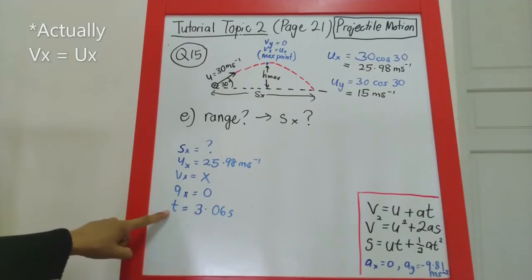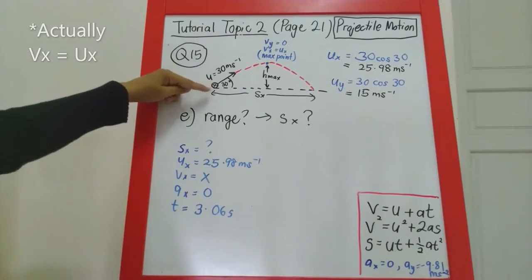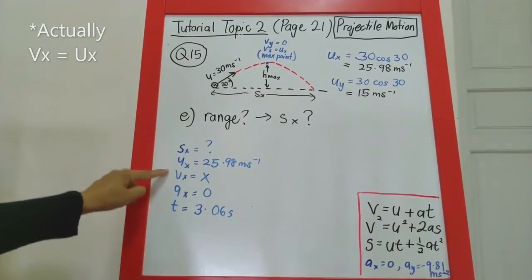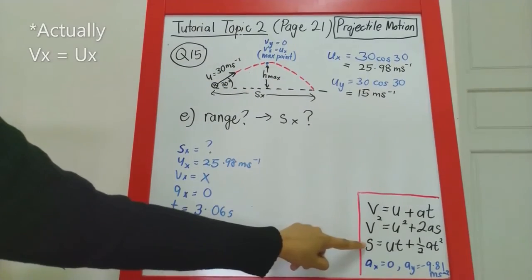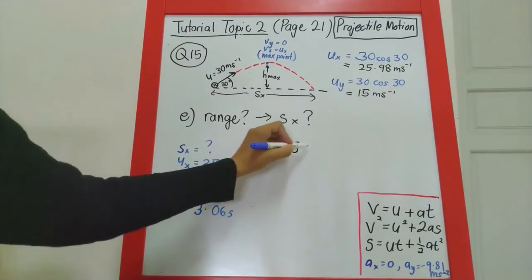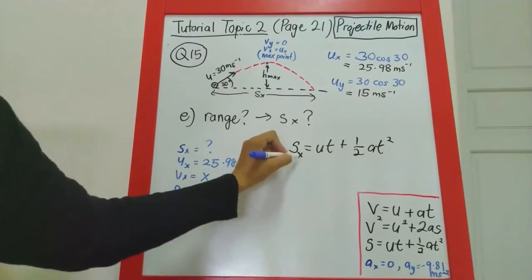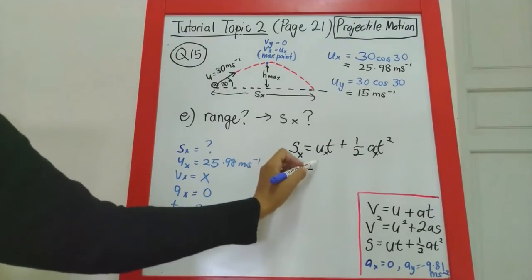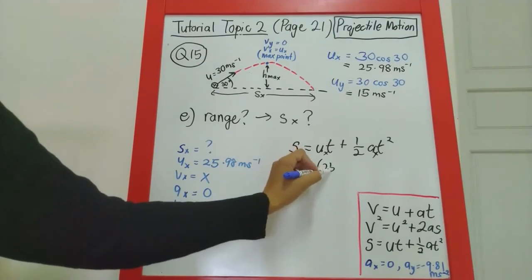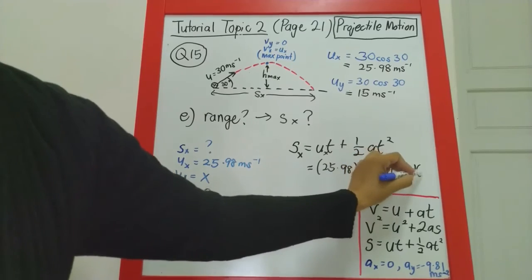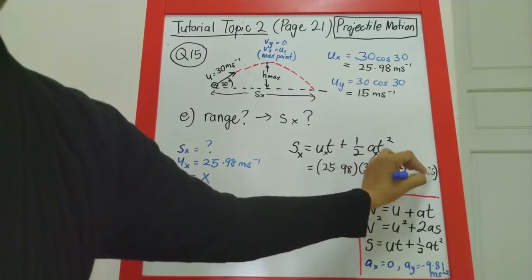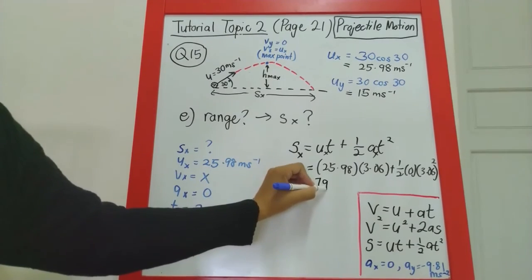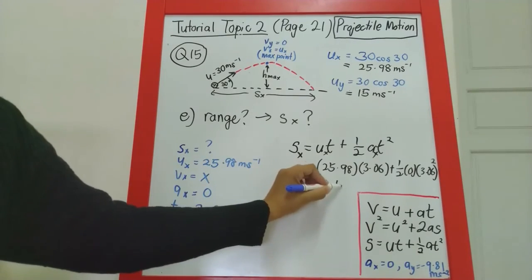This is the time of flight, which is synchronized with the horizontal distance here. So the most suitable equation is the last one here. So let's use the level X here and substitute. You will get 79.5.